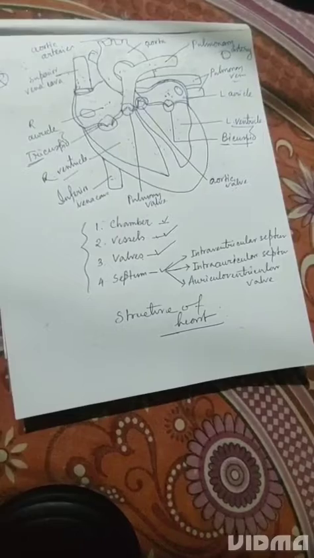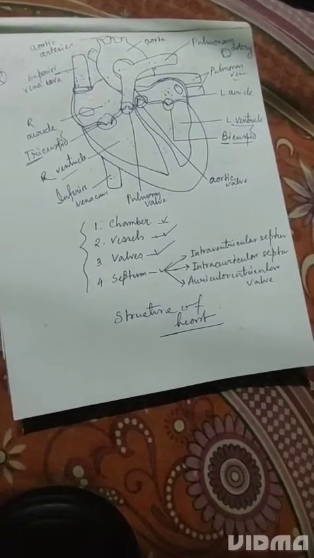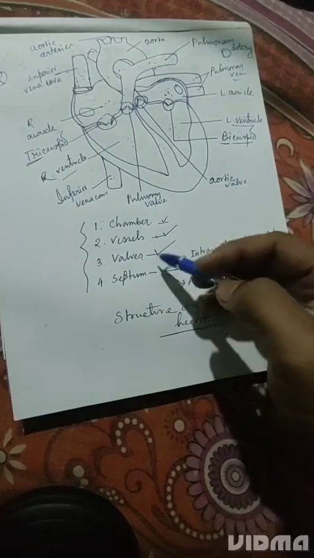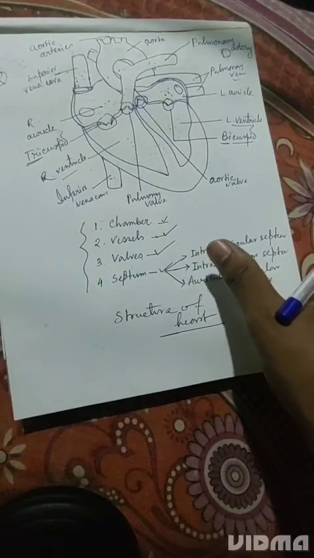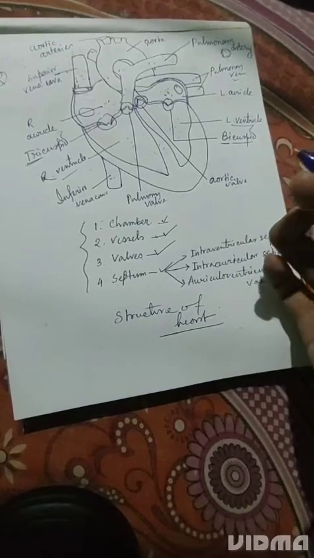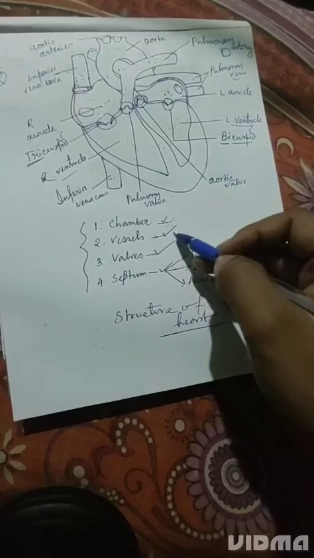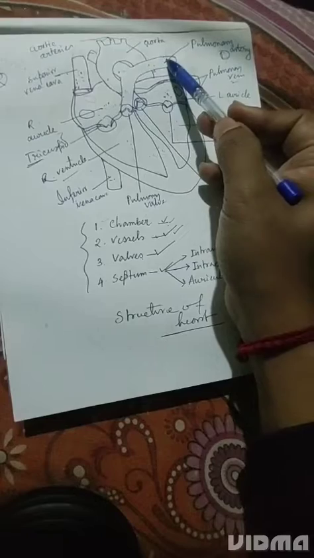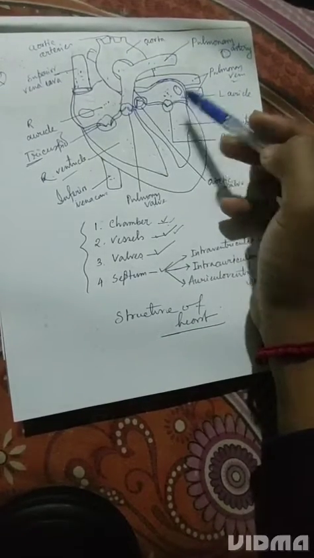So this is the whole thing. This is quite a complex structure, you can say, but if you keep these four points in mind and remember the diagram of the heart, you can easily explain it. First, four chambers, then the vessels: superior vena cava, inferior vena cava, pulmonary artery, aortic artery, pulmonary veins.